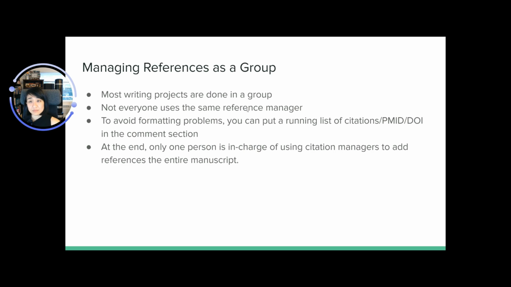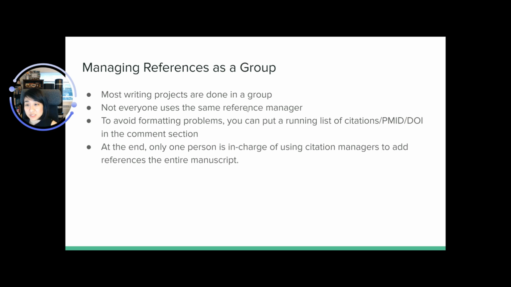Now, one key point, managing references as a group. You may realize most writing projects are done in a group, not as a solo endeavor, right? You have a mentor, you're probably the first author, and then you have like 3 or 4 co-writers or co-authors. And not everybody uses the same reference manager.